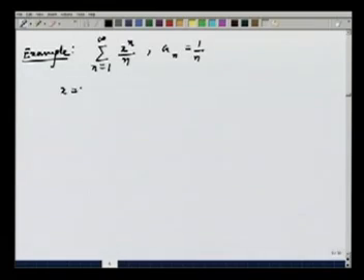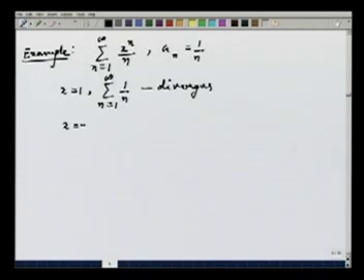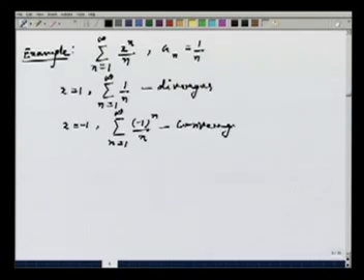So first notice that if x equals 1, then the series is summation n from 1 to infinity 1 by n, which diverges. And if I take x equal to minus 1, then I get summation n from 1 to infinity minus 1 to the power n by n, which by Leibniz test converges, because this is an alternating series.